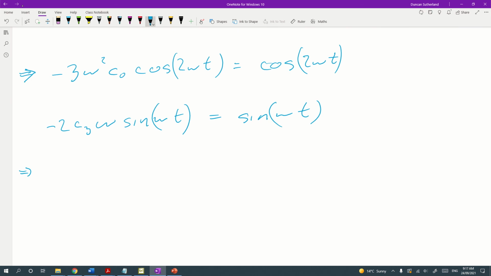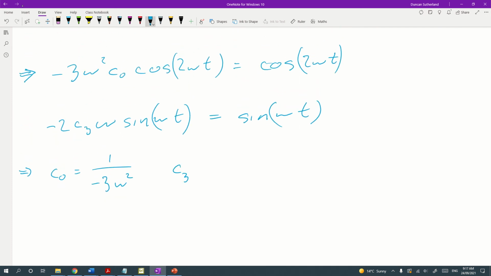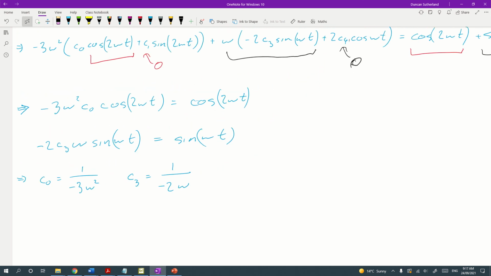This implies C naught equals 1 over minus 3 omega squared. C3 equals 1 over minus 2 omega. Okay, so we're almost at the end of our particular solution.